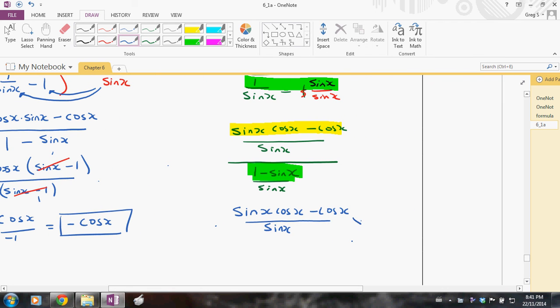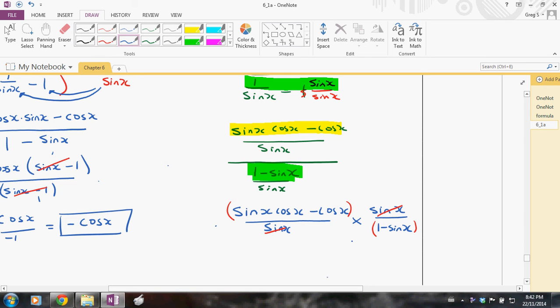Here, multiplied by the reciprocal of that other fraction, sine x all over 1 minus the sine of x. And again, I'm just going to put some brackets around here because this whole thing is being multiplied in this part here. So the first thing I see is, hey, I can scratch out these sine of x. They cancel each other out, which is kind of cool.